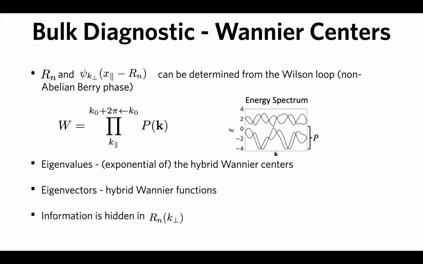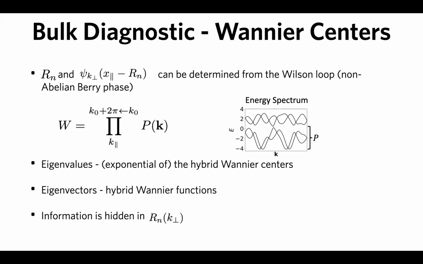To compute these hybrid Wannier centers, we can use a non-abelian Berry phase, sometimes called a Wilson loop. In practice, what we do is we compute some band structure. We look at the occupied bands and their eigenstates, form some projection operator onto those states, and just multiply them together in a path along the parallel direction.